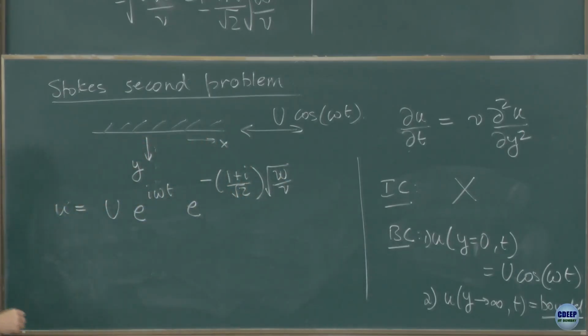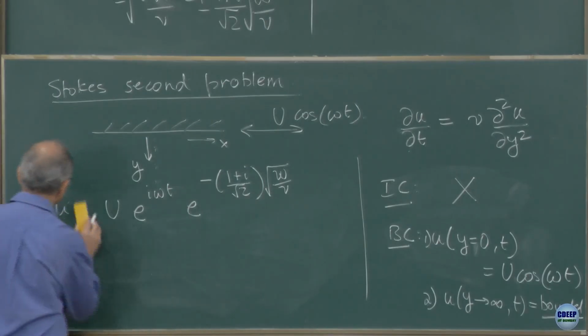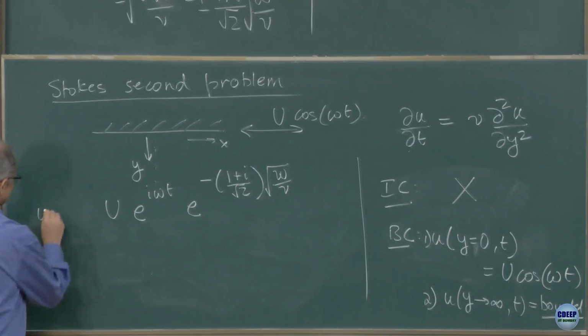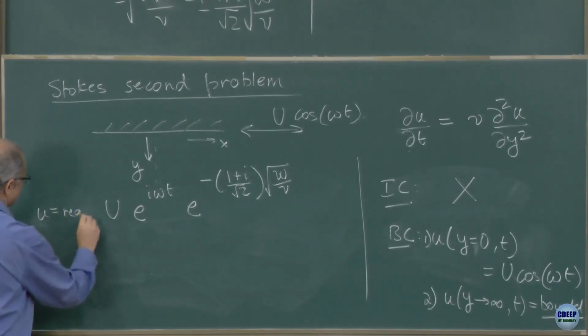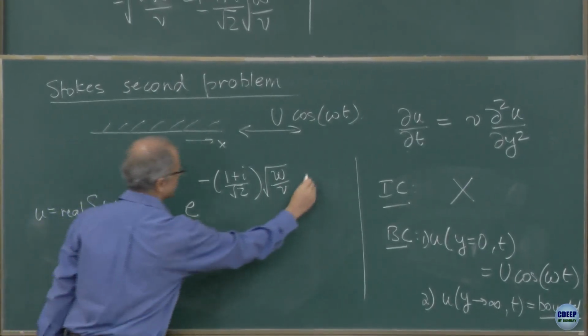So this is what I get. This is the solution, and now I have to take the real part. And now I have everything. Now I should take the real part of this and say that that's my u. u is equal to the real part of all this.